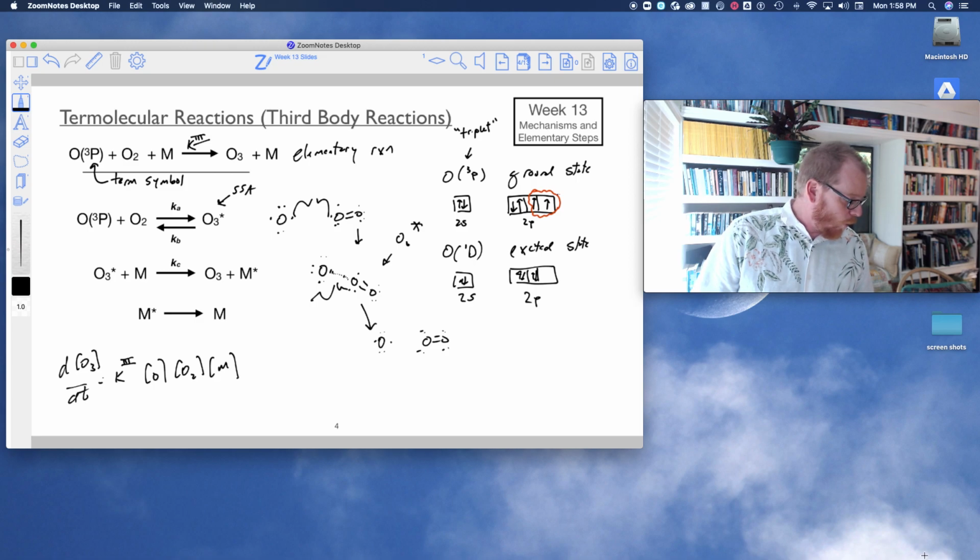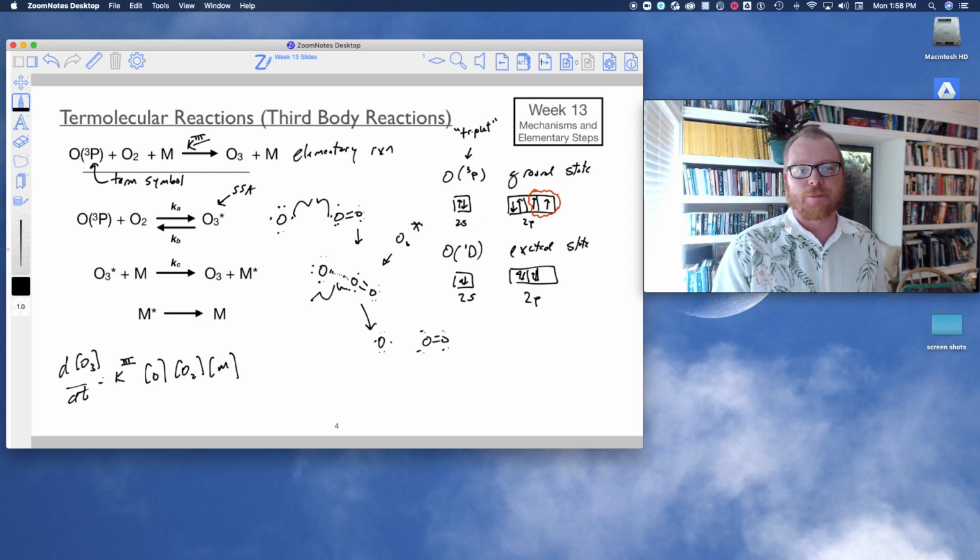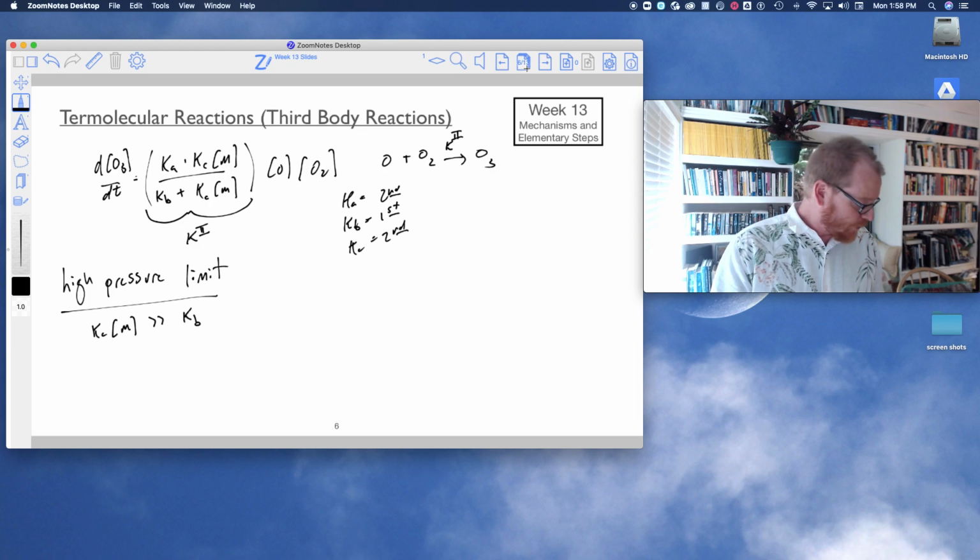And so what that means is what we get here is the following. In this high pressure limit, now this value under here, because Kc times M is much, much greater than Kb, we can effectively ignore Kb. And now what we get is the following.